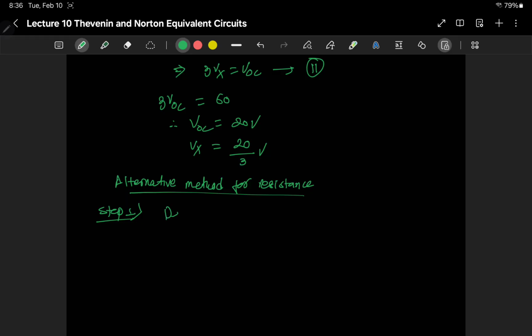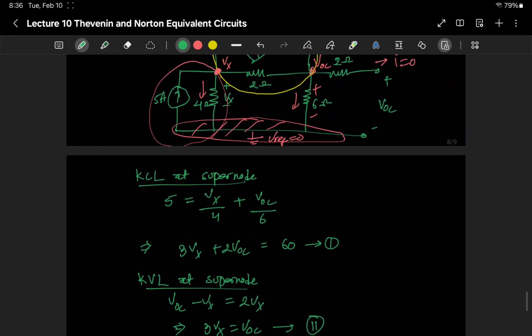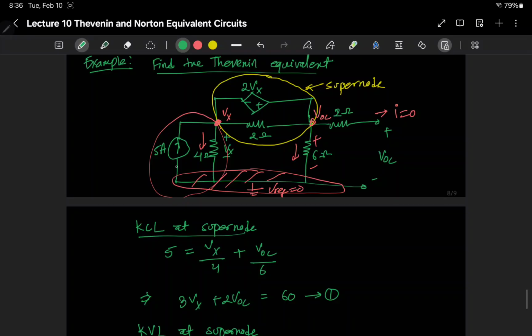So let's deactivate the independent source. And we know that whenever we have a current source, we open circuit it, and whenever we have a voltage source, we short circuit it. In this example, we have a current source, so we'll just open circuit it here, and then everything else remains the same.